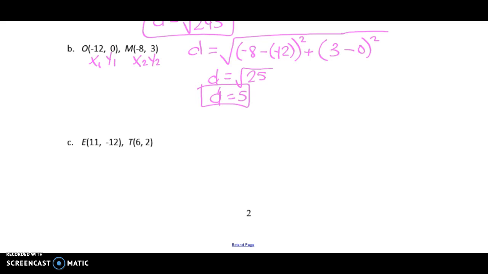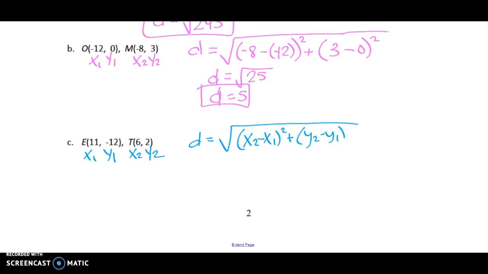One more time. x1, y1, x2, y2. This is the formula. x2 minus x1 squared plus y2 minus y1 squared. So start with my pieces. I need the next 2. That was 6. I need a minus sign, then the next one, which is 11. I need a y2, which is 2, and then my minus sign, and then y1 is a negative 12.